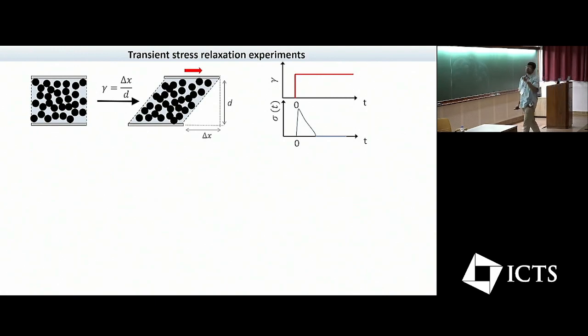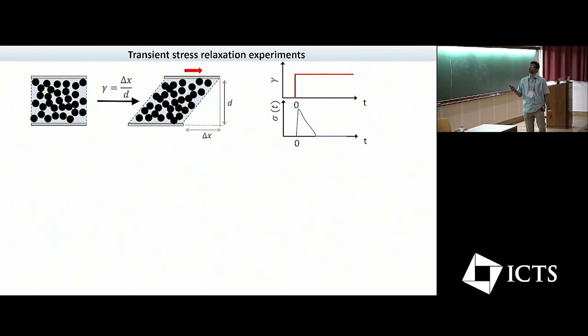So this is the experiment. We take a dense suspension and apply a transient perturbation in the form of a step strain. You apply a sudden strain, and then observe how the stress relaxes. By stress, I mean the bulk stress measured by the rheometer.